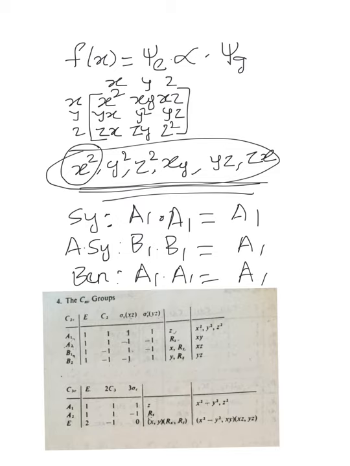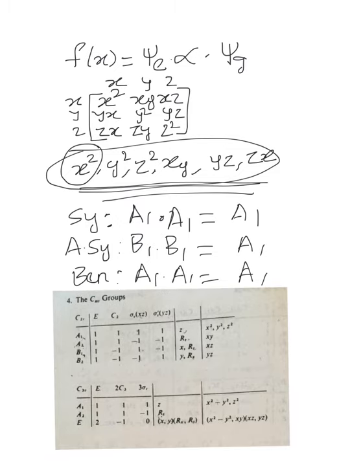So here we see that x square, y square and z square have A1 symmetry, and we can also have B1 symmetry. B1 symmetry is xz.